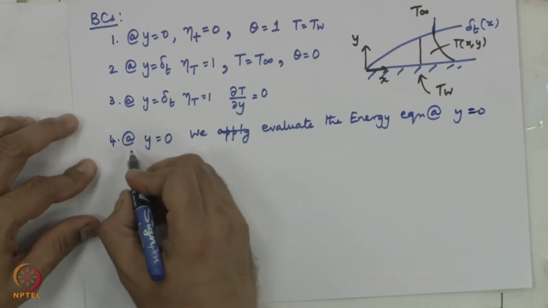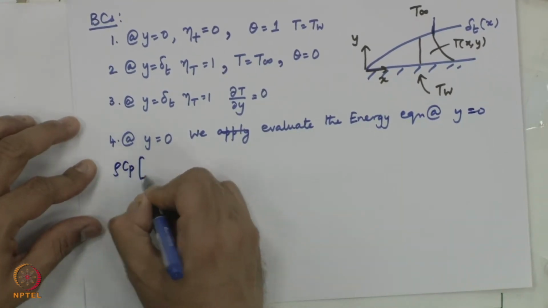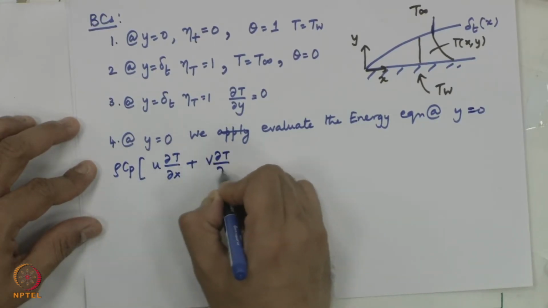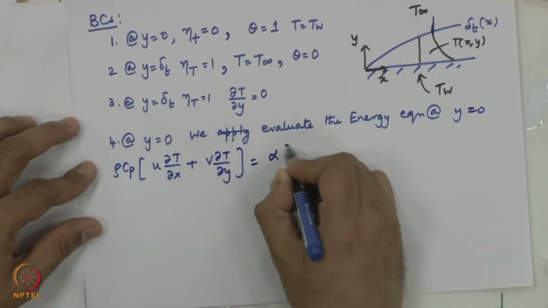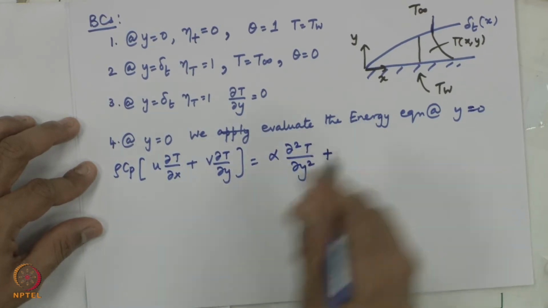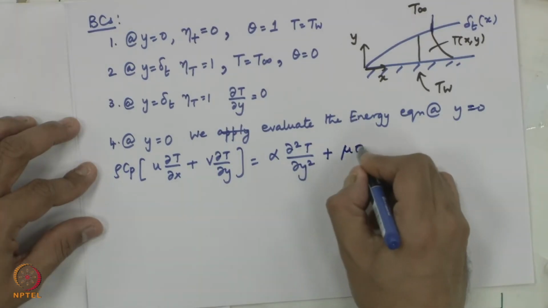What does that mean? I would write rho Cp (u dT/dx plus v dT/dy) is equal to alpha d squared T by dy squared plus the viscous dissipation term, which is dropping off. So, this is gone.